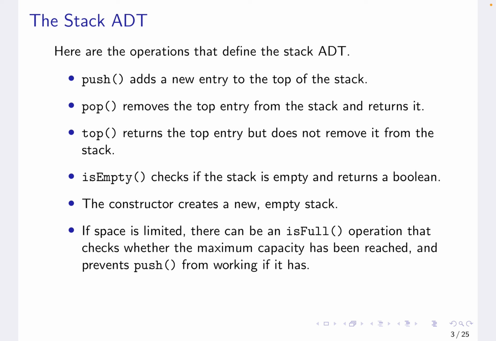stacks and queues may not be immediately useful looking without any context, but it turns out there are many algorithms that benefit from having a collection of data where you can only remove from the top of the stack or the front of the queue.